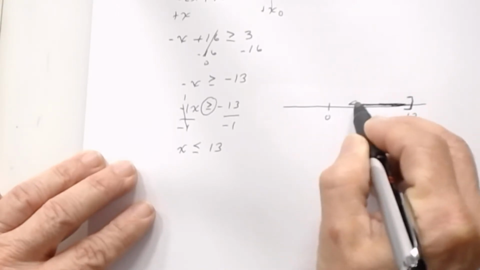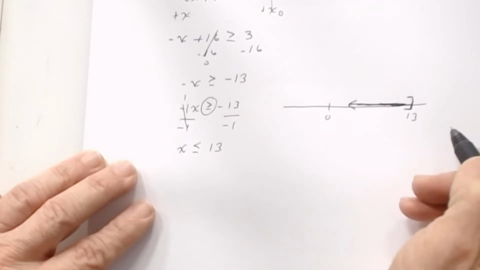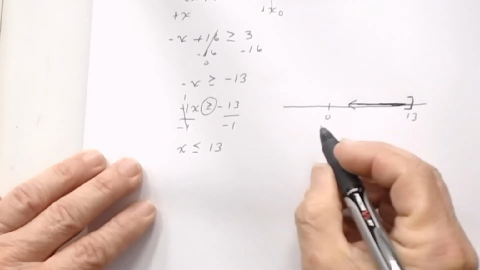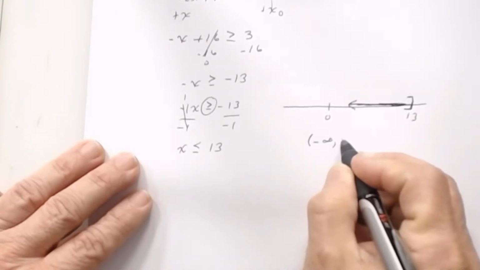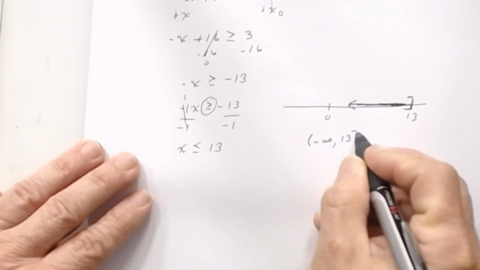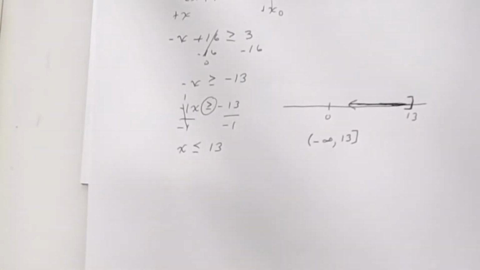Shade it in and then draw an arrow. All right, so there's your graph. What's the interval notation? Parentheses, negative infinity, comma 13, close bracket. All right, everyone agree? Okay, so that's number 4.